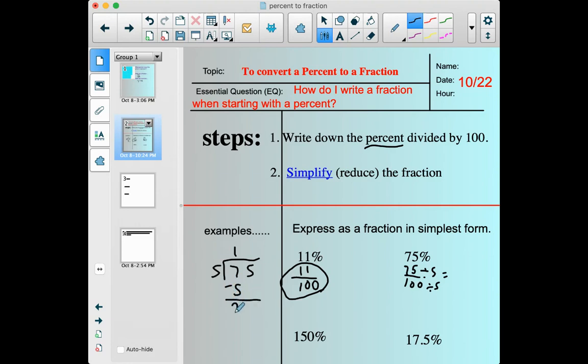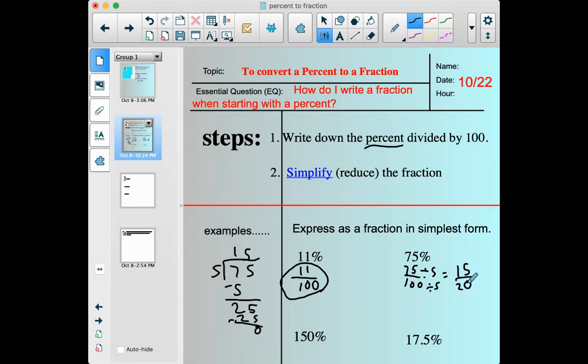Subtract it, I get a 2. Bring down the 5. 5 goes into 25 exactly 5 times with nothing left over. So 15 is my answer, 15 on top. 100 divided by 5, you may know is 20.